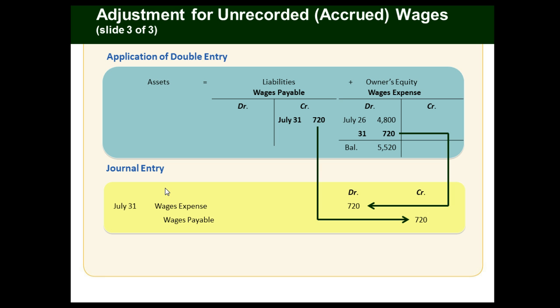To increase revenue, you always credit it. To increase payables, liabilities, you always credit it. To increase owner's equity or owner's capital, you always credit it. Does that make sense?